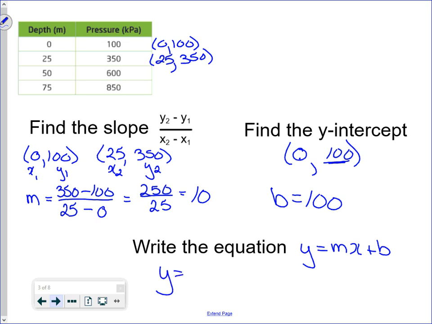Our m is going to be replaced by the 10. We want to see the x in the equation, and the b is going to be replaced by the y-intercept, which is 100. So positive 100, so that's why we put plus 100. So our equation for this example is y equals 10x plus 100.